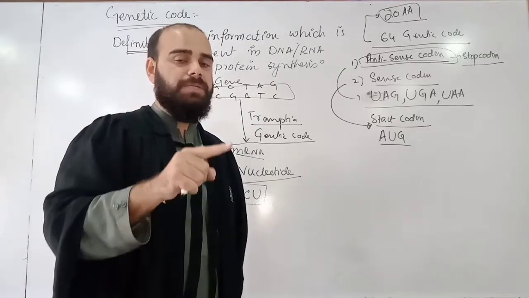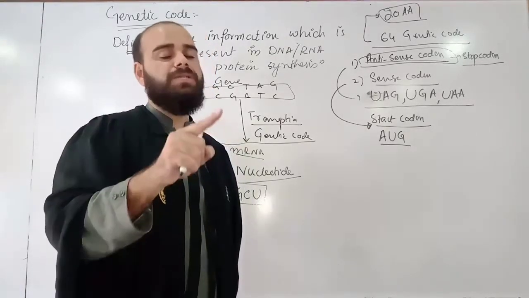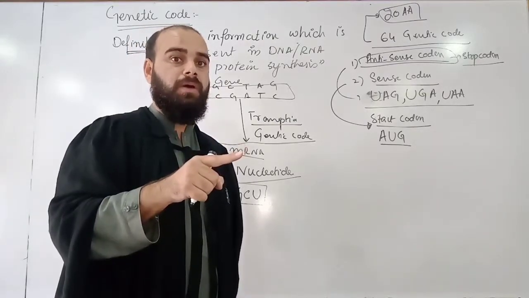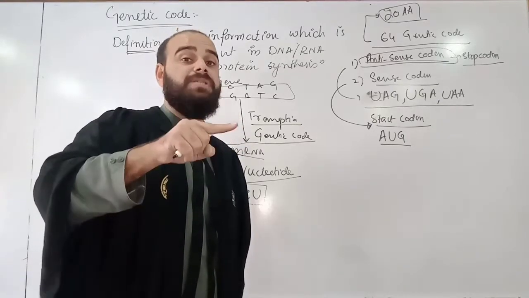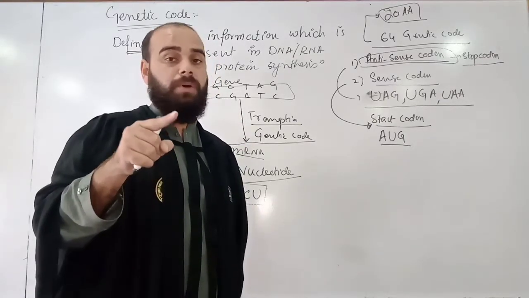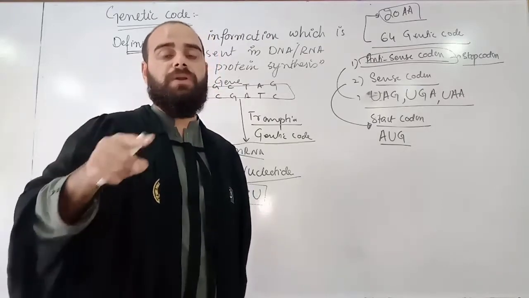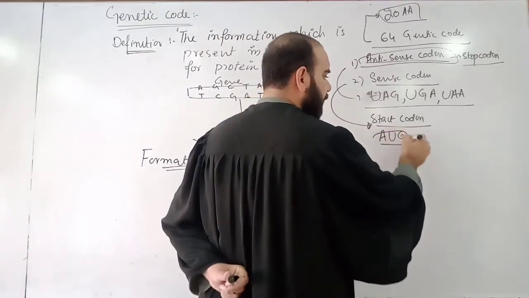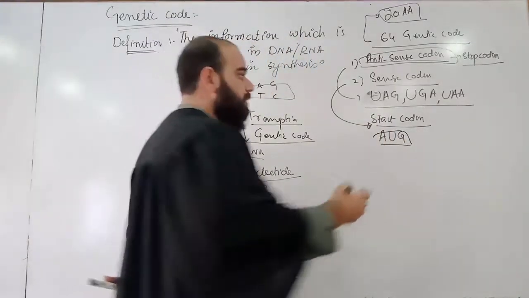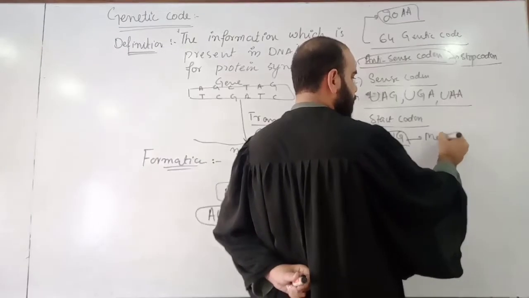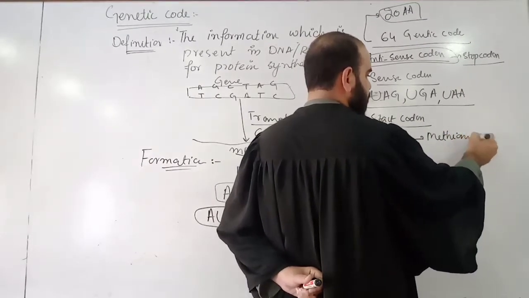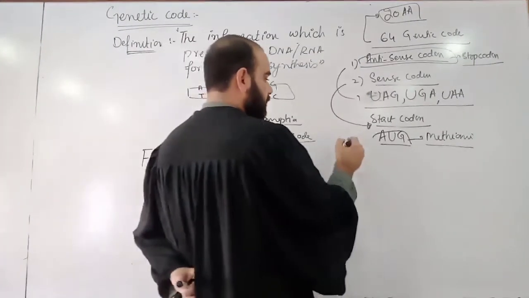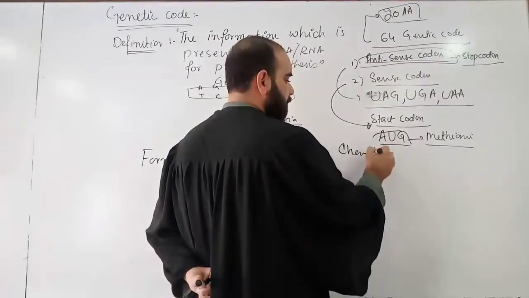The start codon will always be present at position number one of messenger RNA. The genetic codes which come after the start codon will be known as sense codons. Similarly, AUG is also a sense codon. This carries information for the sequence of methionine. Clear?